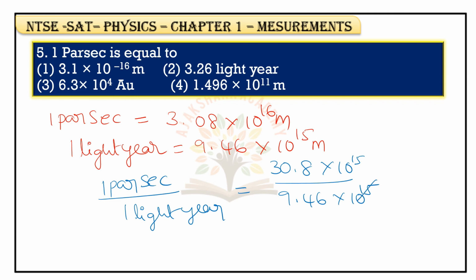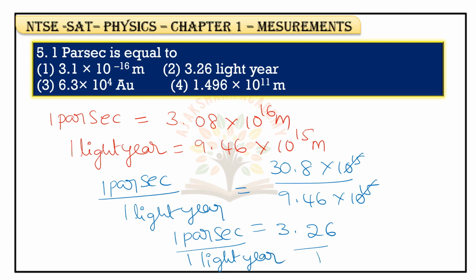10 to the power of 15 gets cancelled. So this is equals to 3.26. So here 1 parsec by 1 light year is equals to 3.26. So taking cross multiplication, 1 parsec is equals to 3.26 light year.